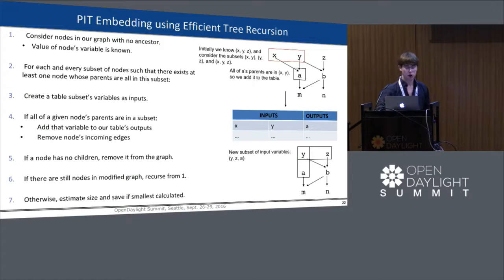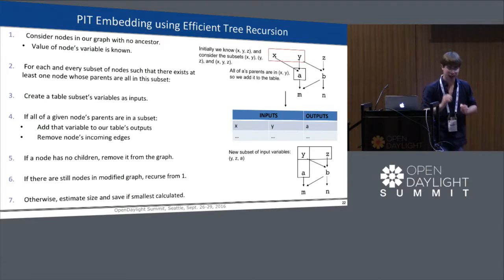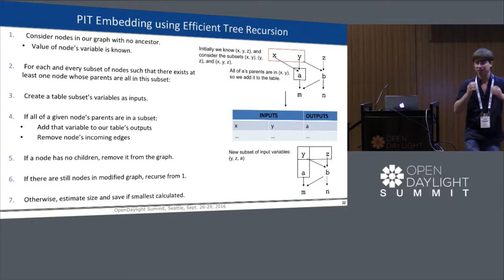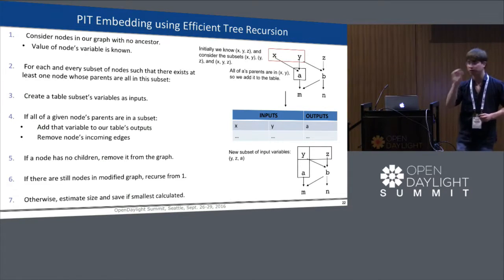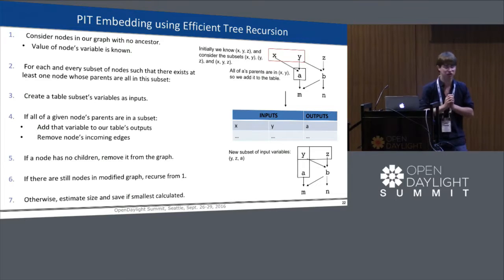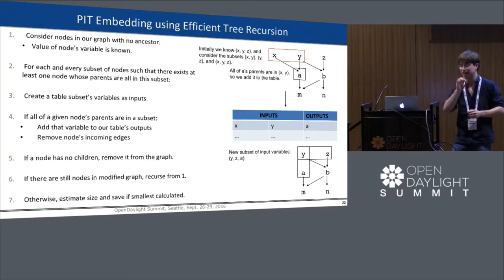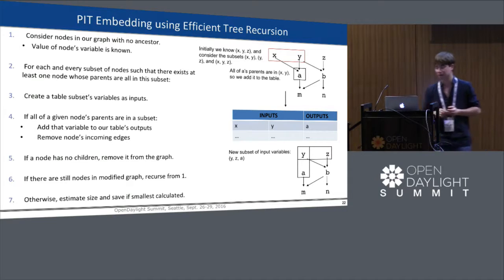To start off with, we consider the dependency graph. That is, we split every single PIT table down to the point such that each PIT table only produces one output variable. We can trivially do this. If a PIT table produces 2 output variables, we can make 2 tables, both with the same input, and each with a single variable output.